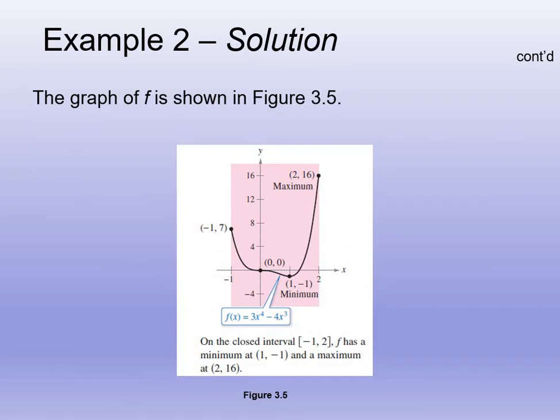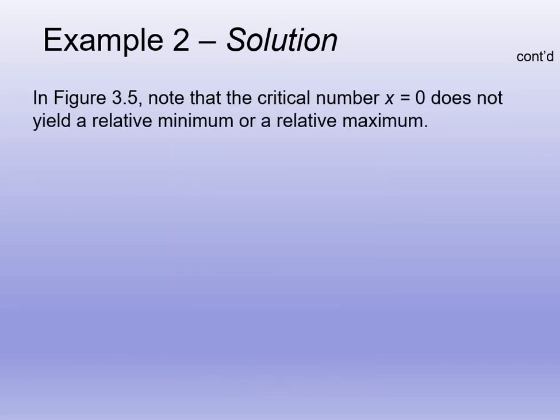If we were to graph or sketch this function from -1 to 2 and plot all the values, we can visually see that this function has a minimum at 1, -1, and a maximum at 2, 16. So that's how we're able to conclude and define those.